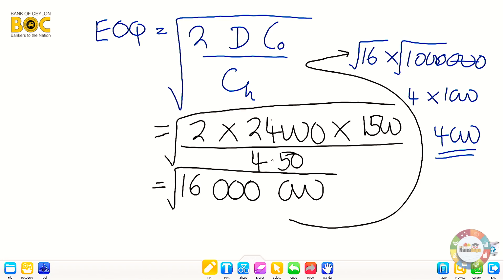So 16 million, you can write as 16 into 1 million. The square root of 16 is 4, and the square root of 1 million is 1000, giving 4000 units. So again the calculation.